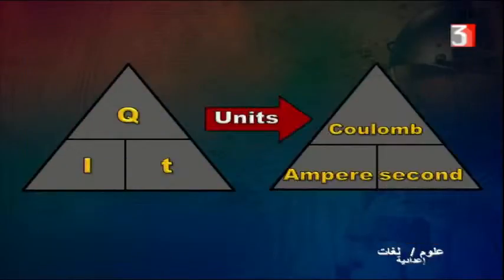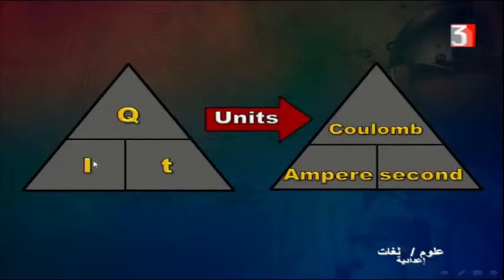Okay. Let's simplify it. Here we have the rule. Electric current intensity, whose symbol is I, equals quantity of electric charge over time. So, quantity of electric charge is measured in coulombs, time is measured in seconds, and electric current intensity is measured in amperes.